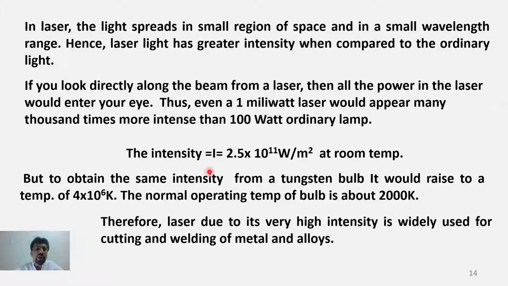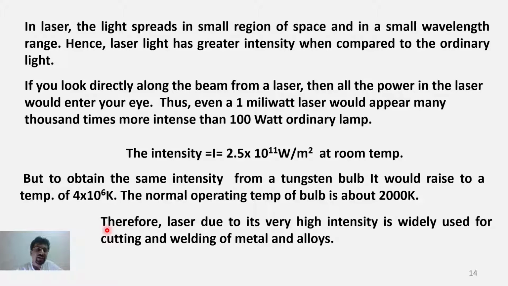Now see here, the intensity of the laser beam at room temperature is 2.5 × 10^11 watt per meter square, if we consider a 1 milliwatt laser. But to obtain the same intensity from a tungsten bulb, it would have to rise to a temperature of 4 × 10^6 degrees Kelvin.